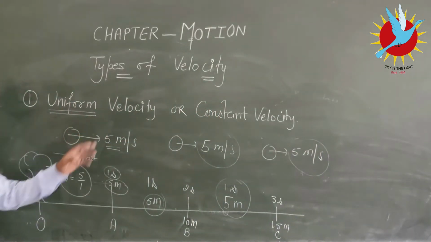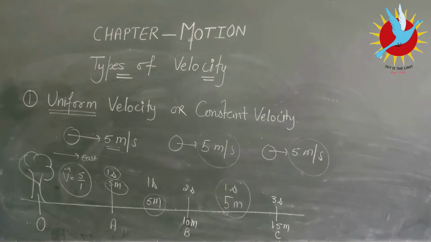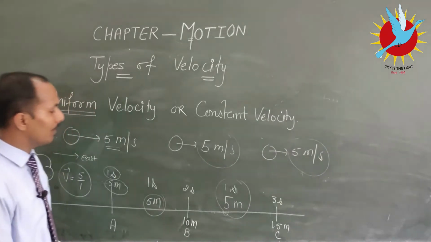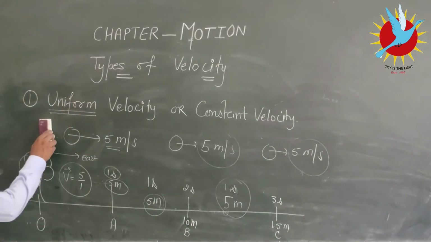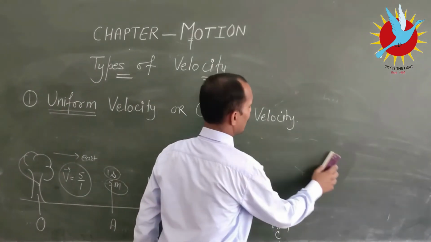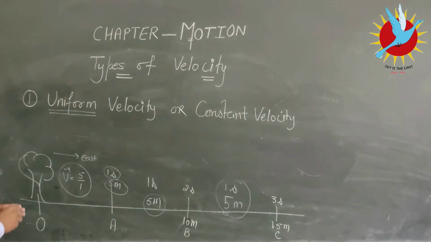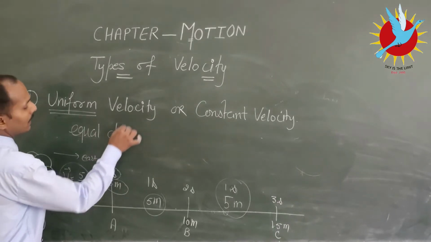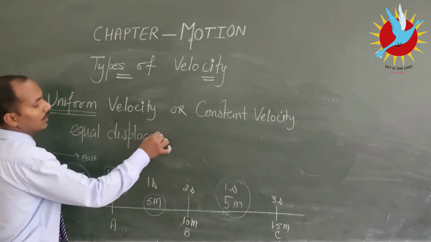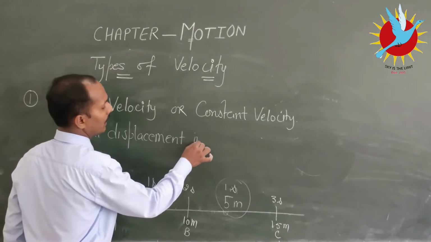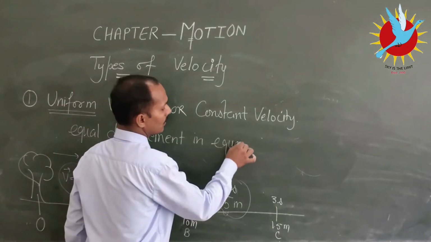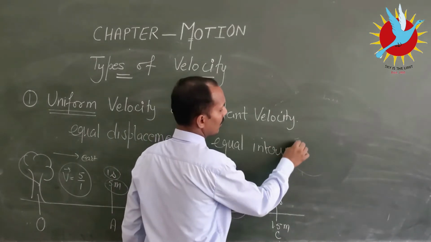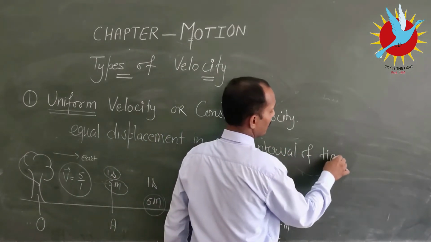So a body is said to have uniform velocity, or constant velocity, or fixed velocity, when the body covers equal displacement in equal intervals of time.